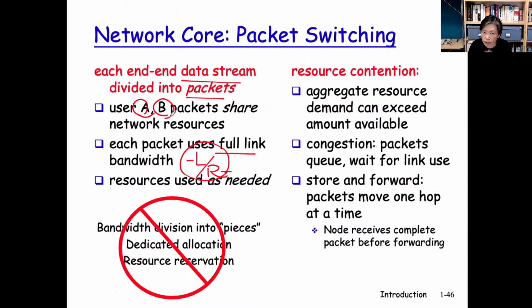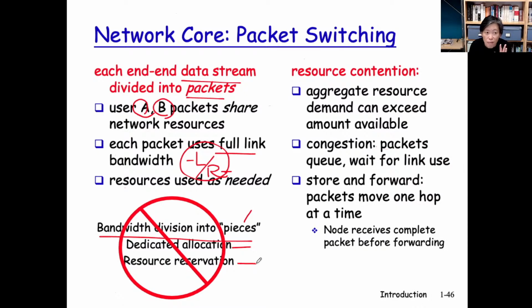The last is maybe a little bit less obvious. You see, bandwidth is used in full, so there's no need of dividing the link bandwidth into pieces. So the mechanism is also simple. Being simple, there's no idle waste, and there's no call setup or resource reservation process required.